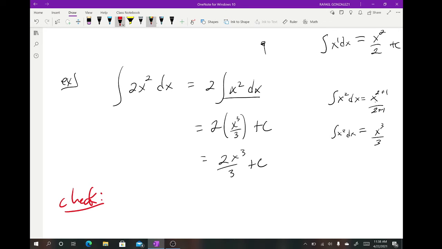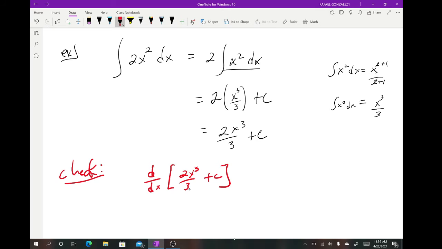To check our answer, we simply take the derivative. So we'll take the derivative with respect to x of 2x cubed over 3 plus c. We could use our different rules that we had, so we could separate this and work on them as the derivative of 2x cubed over 3 plus the derivative of a constant.